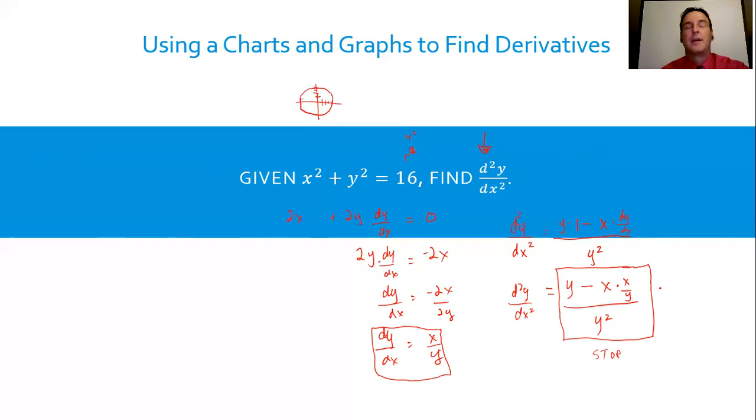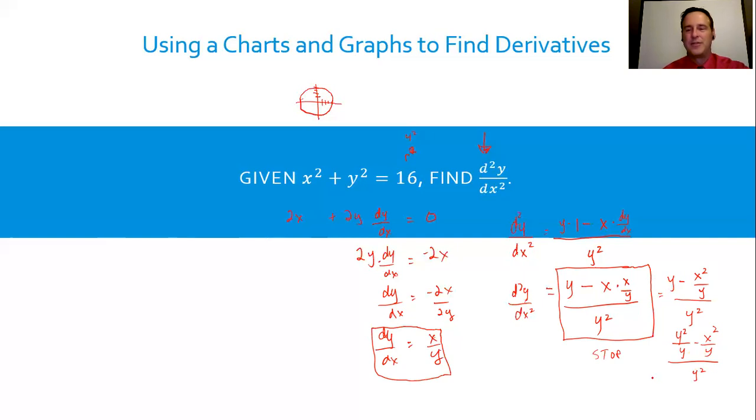Now, if you're having a math party and you're like, you know what, I just want to finish this off because it feels better to my soul, you'll need a common denominator here. And then you can get another denominator on the bottom, and so you'll basically get another denominator of just a y.